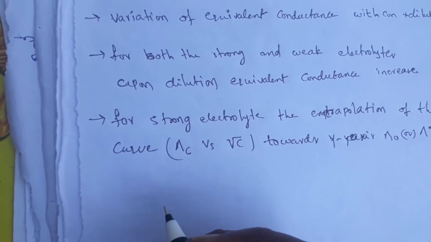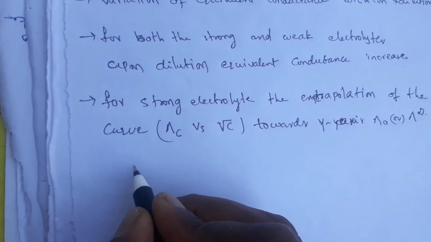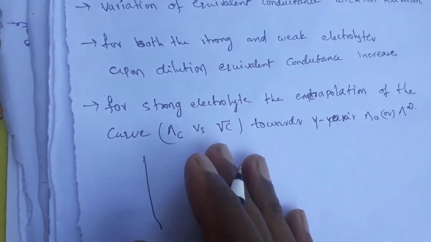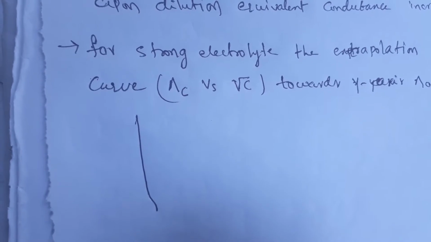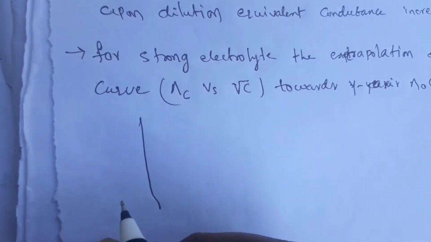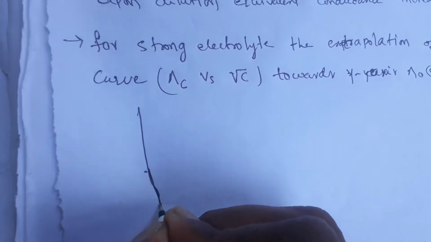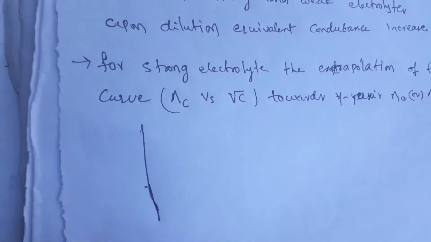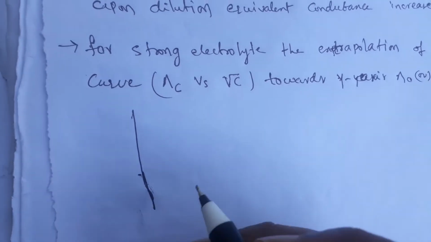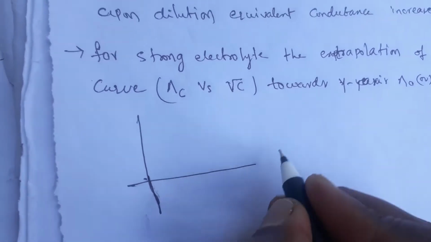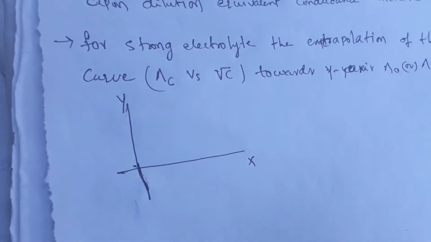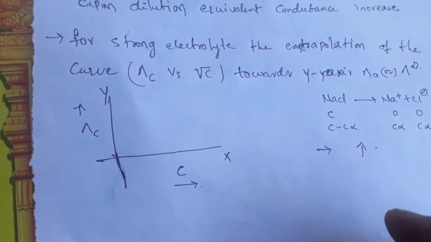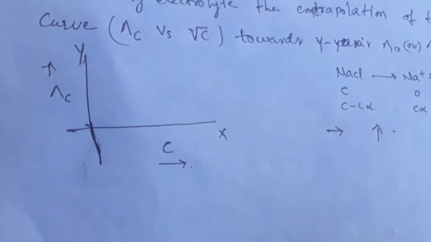If I draw a graph between lambda and root C, this is the x-axis and this is the y-axis, concentration versus conductance.